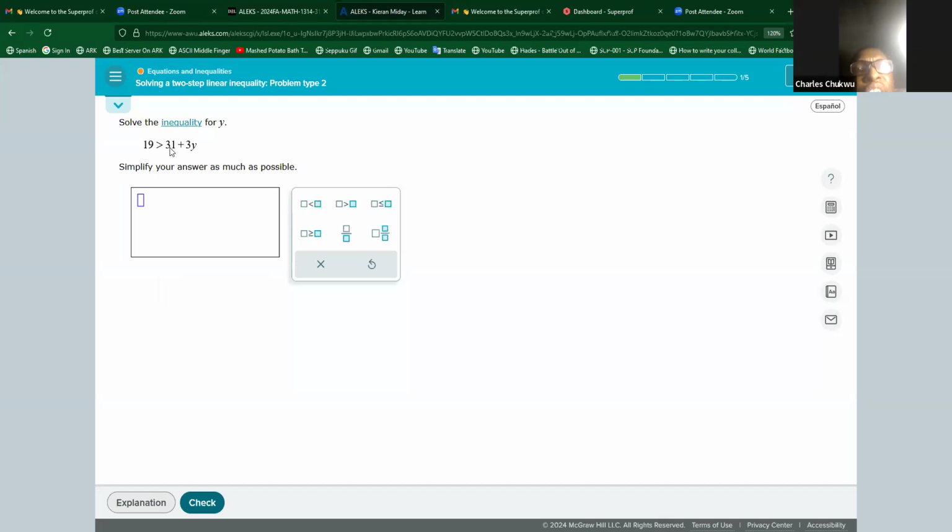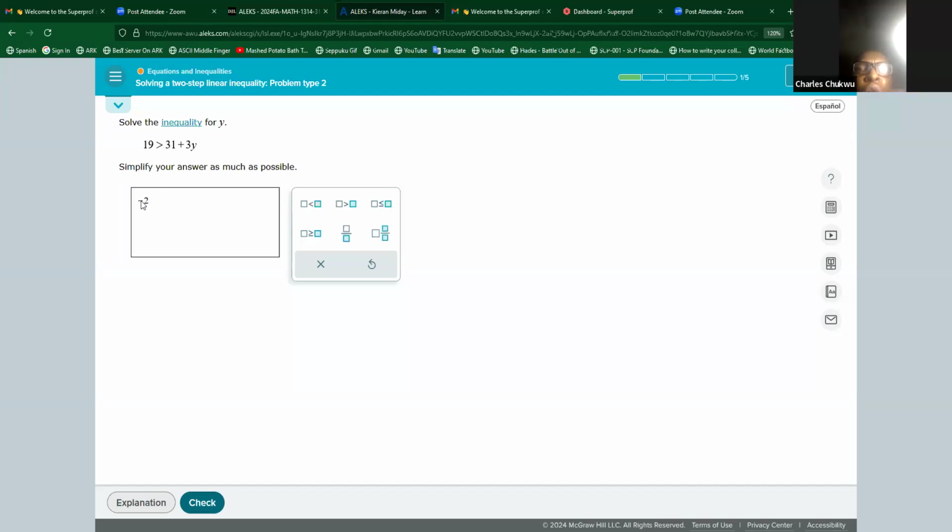But in this case, 19 is a smaller number. When you take a bigger number from a smaller number, the result is a negative of whatever it would have been if the bigger number subtracted the smaller number. You got that?